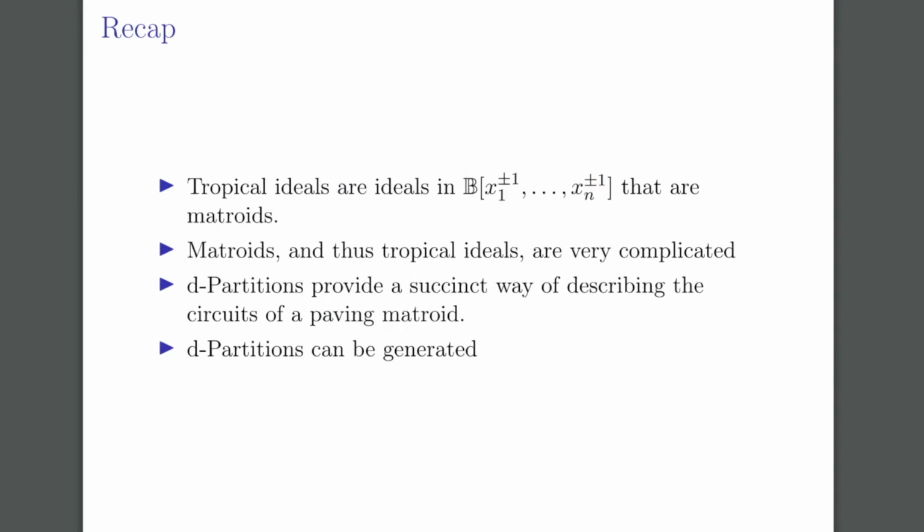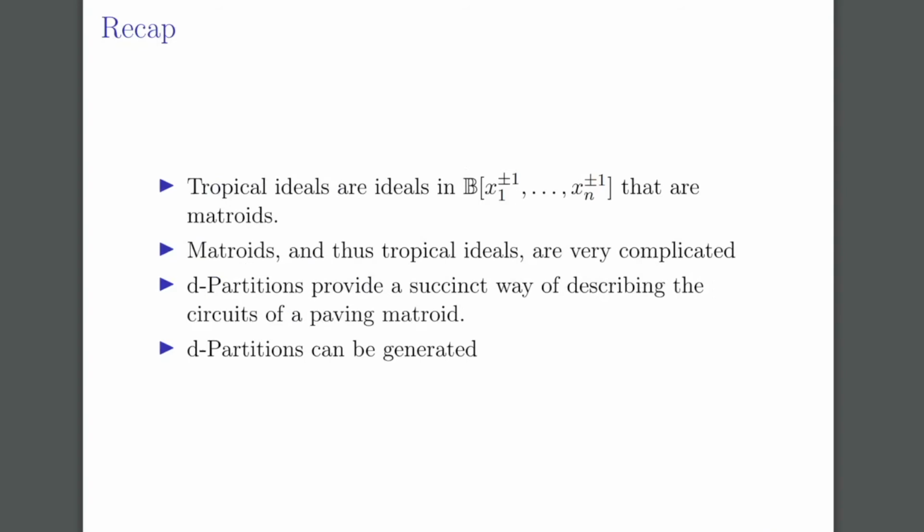Great. So I'm done with the background, and I want to recap really quick. The things to take away: tropical ideals are ideals in the Boolean polynomial semiring that are also matroids. Matroids, and thus tropical ideals, are very complicated in general, so they're really hard to work with.